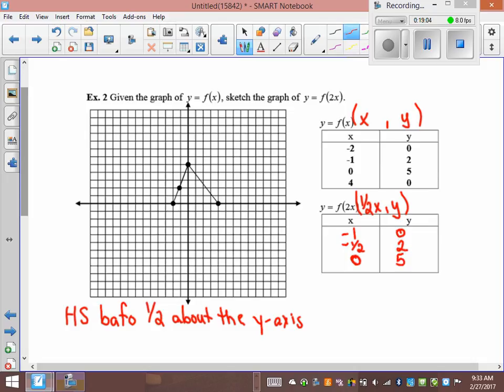And then 4 times 1/2 is 2, and then the 0 stays the same. And then we plot our points. So negative 1 and 0. Negative 1/2 and 2. 0 and 5 stays the same. And then 2, 0.